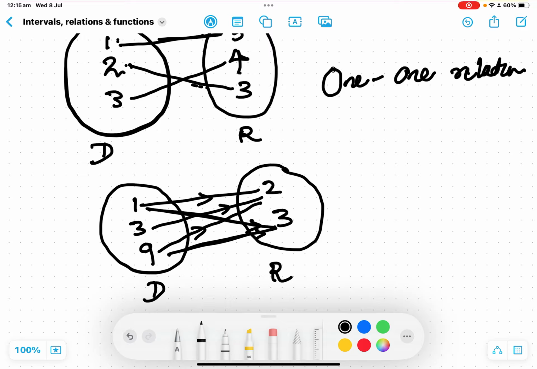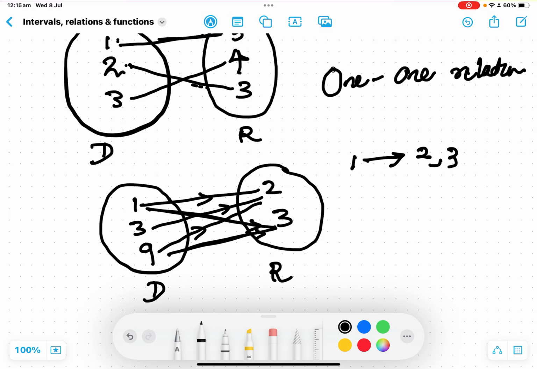So 1 is matched with 2 as well as 3. 3 is matched with 2, and 9 is matched with 2 and 3. So there's one element in the domain and there are more than one images in the codomain. So this is called one to many relationship or relation.